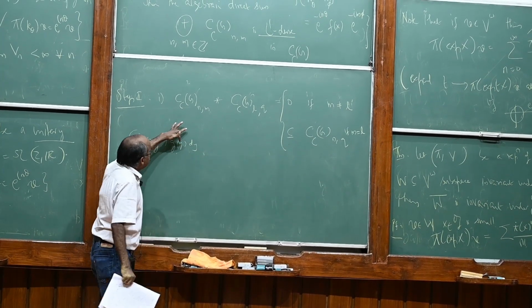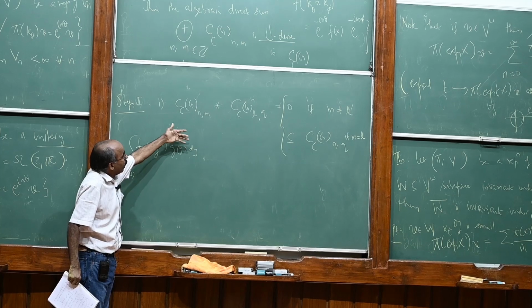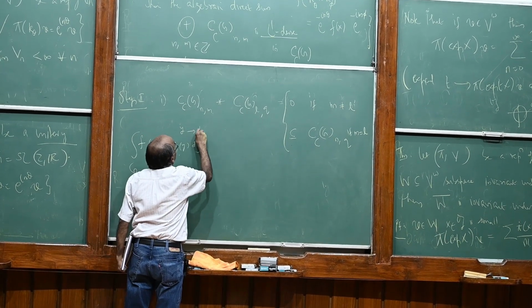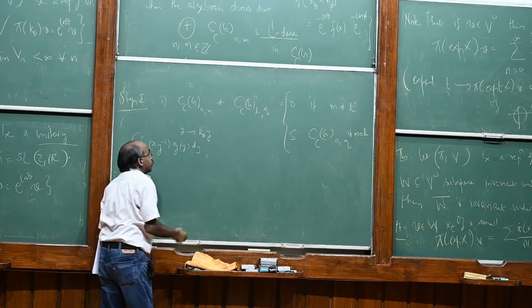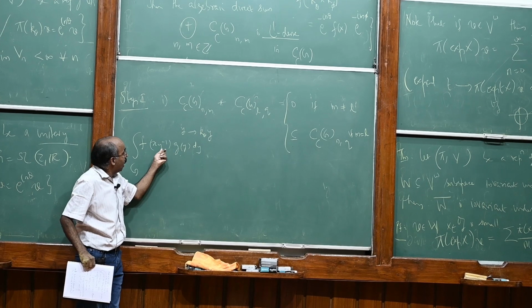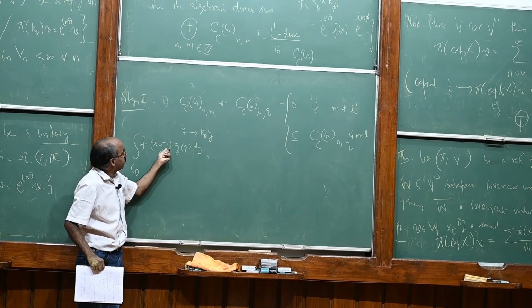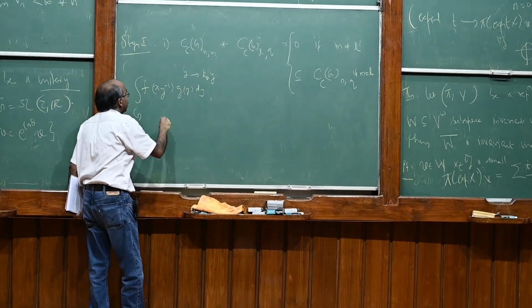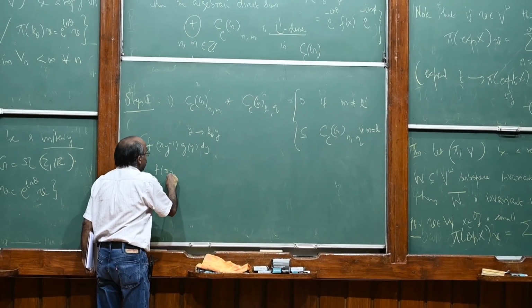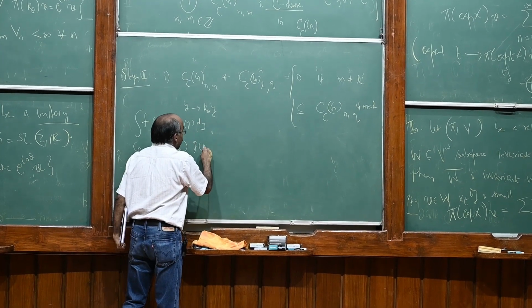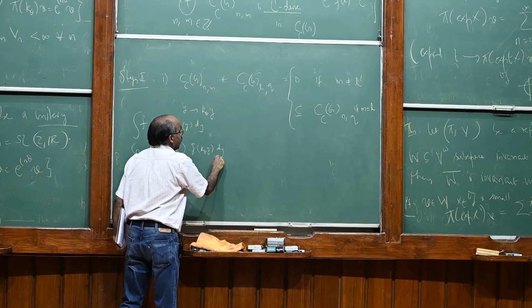So I just change y to k_theta y, where k_theta is coming from K. I'll have a k_theta here, and this becomes y inverse k_theta inverse, and dy is invariant under the translation. So I'll have f(x y inverse k_theta inverse) g(k_theta y) dy.